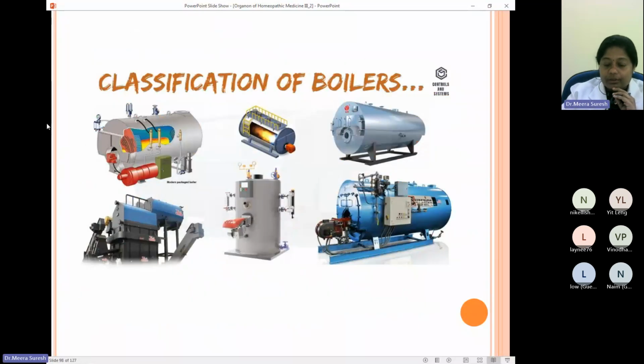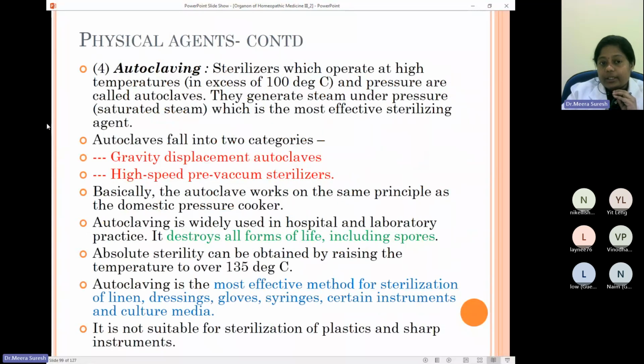This is the industry level boilers. Then autoclaving, sterilizers. Notice the term autoclave. It's actually a sterilizer, which is going to kill, not just disinfect, but kill even the spores. Sterilizers which operate at high temperature, in excess of 100 degrees Celsius, and high pressure are called autoclaves.